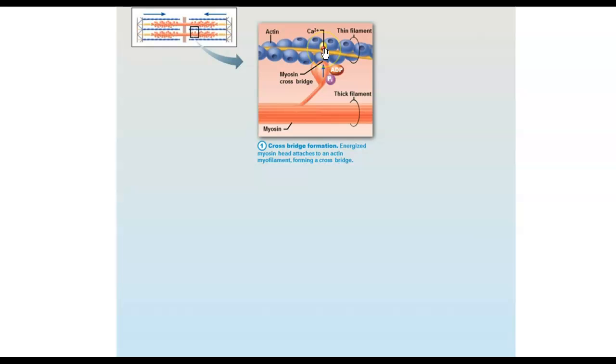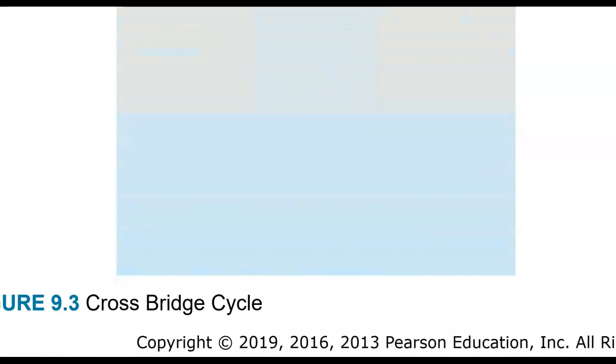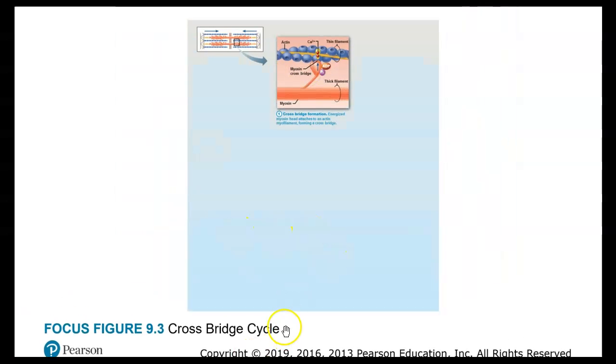When the calcium binds to the troponin, it causes this filament called tropomyosin to move out of the way. It had been covering these active sites, but now it's moved out of the way, and these active sites are exposed. Myosin can form cross bridges and bind with the active sites. And now the myosin, once it's bound with the active sites on actin, can pull the actin in, creating a shortening of the sarcomere.